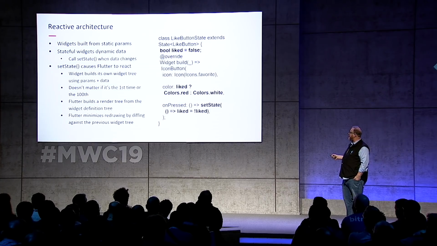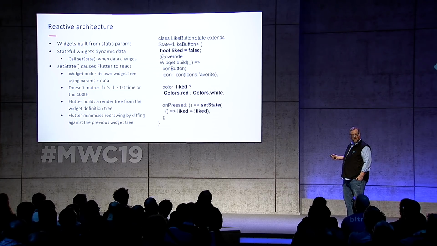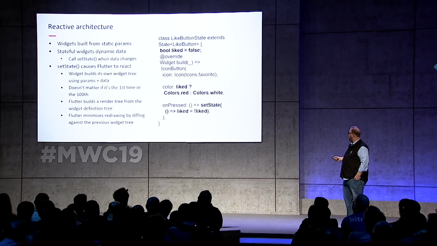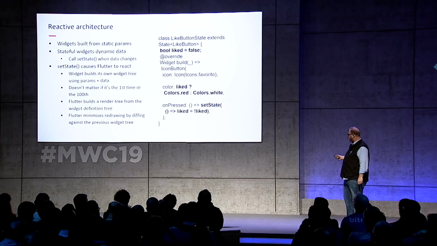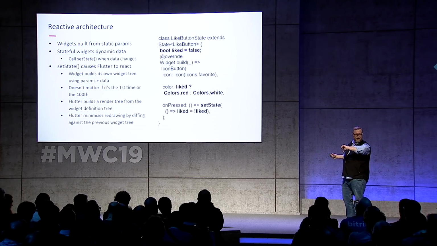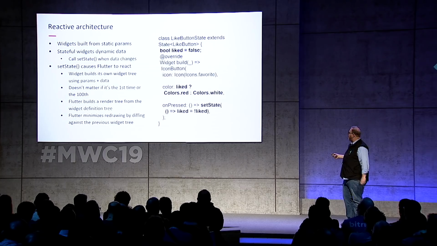We just use the state to compose how that widget looks. Now, when the user clicks on that control, we want to change whatever it was to be the other thing, but we want to do it in this set state. And set state is a signal to Flutter that the state associated with this widget has changed.